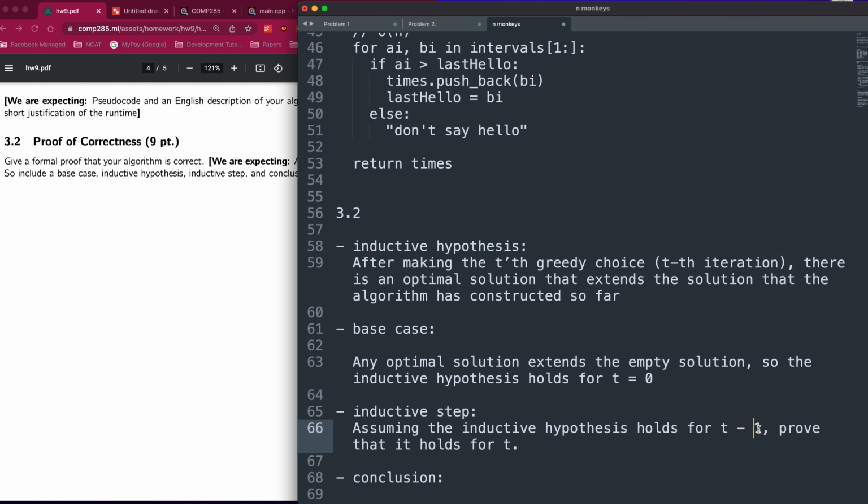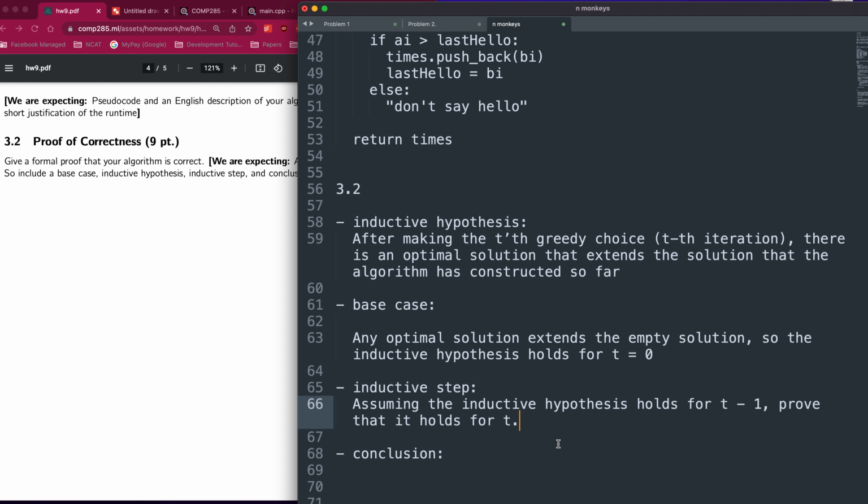So we know there's a solution that we can make from the first t minus 1 decisions of say hello, not say hello, right? What we want to show is that if that's true, there is some optimal solution, then it will also be true after we make our t-th decision.